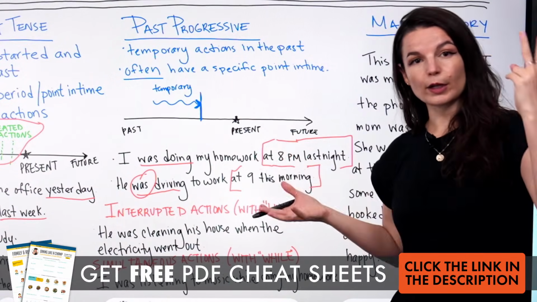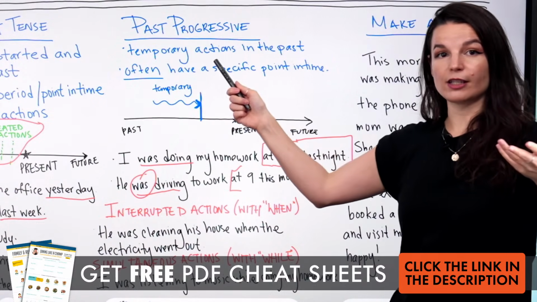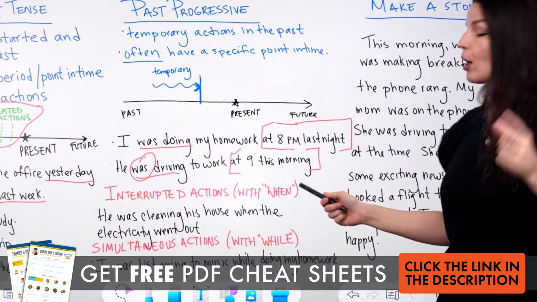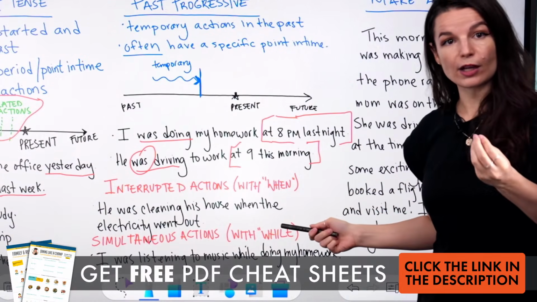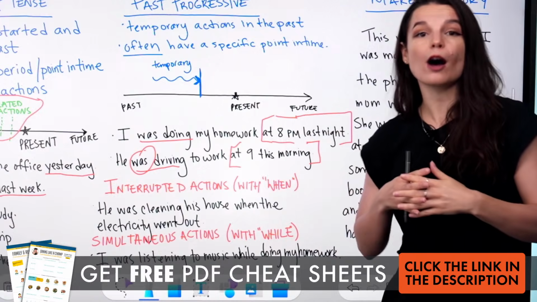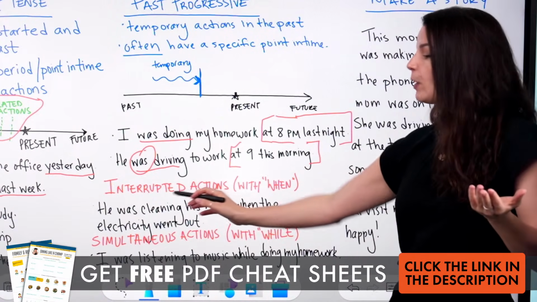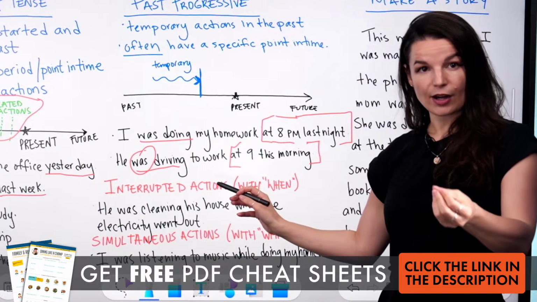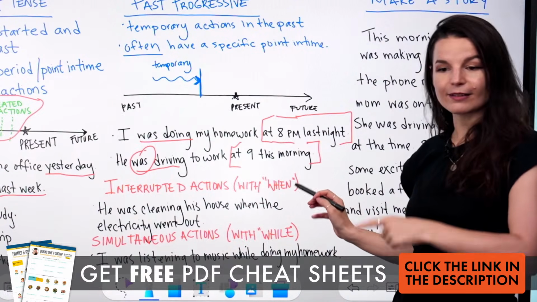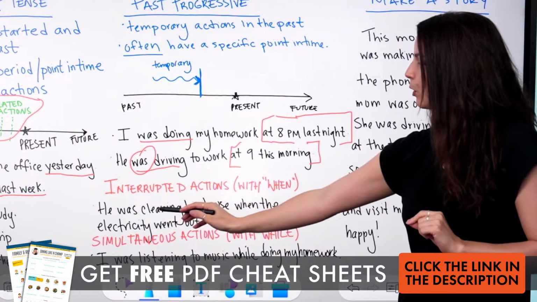Now, let's level up. I have 2 points here to use to level up your past progressive sentences. They are using when and while to connect two other actions. What do I mean? Let's look. So first, we can make an interrupted action sentence with when. I think Saida sent us a great example in the chat already. So what does this mean?